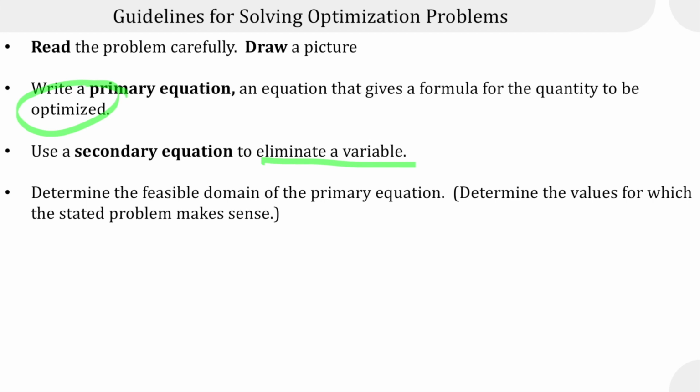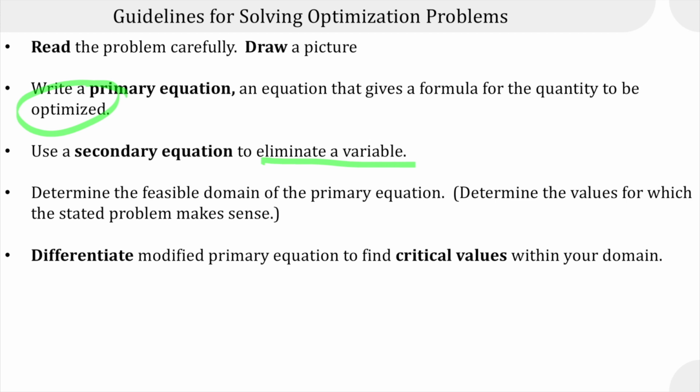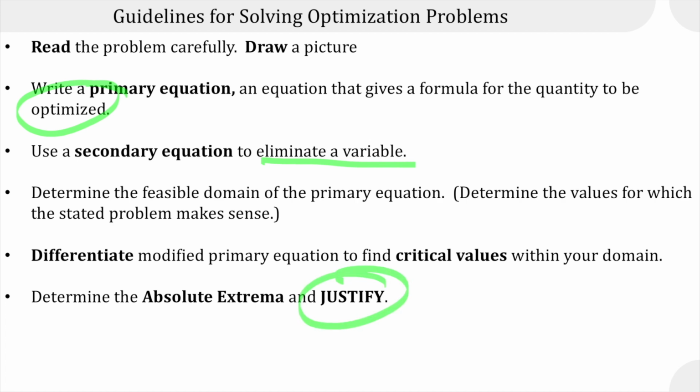Determine the feasible domain of the primary equation, like determine the values for which the stated problem makes sense. I'll show you what that means. Differentiate the modified primary equation to find the critical values. Whew, that sounds complicated. And then determine the absolute extrema and, as always, justify it.